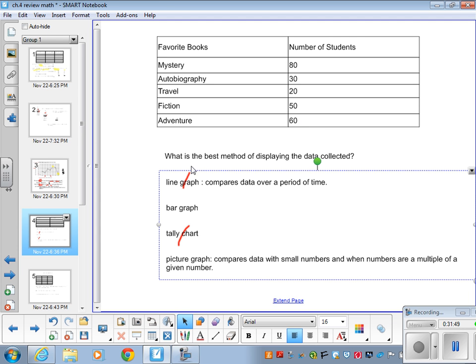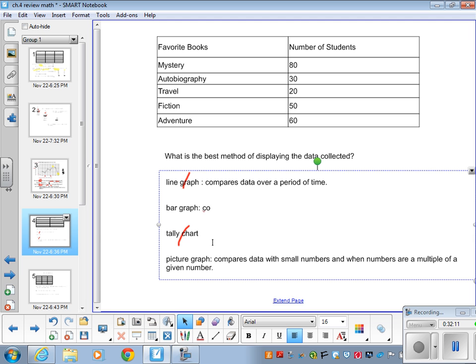Kind of small numbers. And they use pictures. These are actually a little too big to make pictures, unless I have an answer key that I make everything 10 or 5.